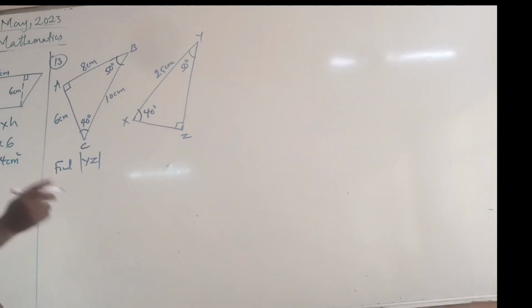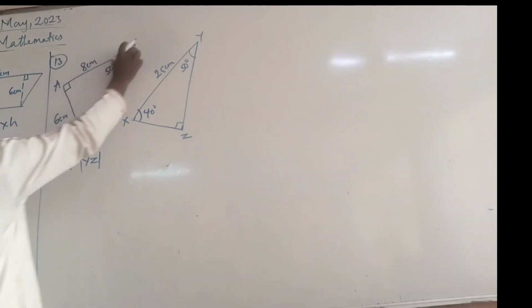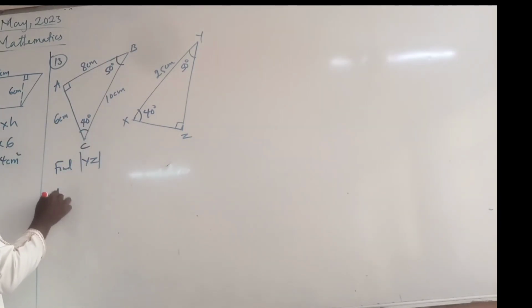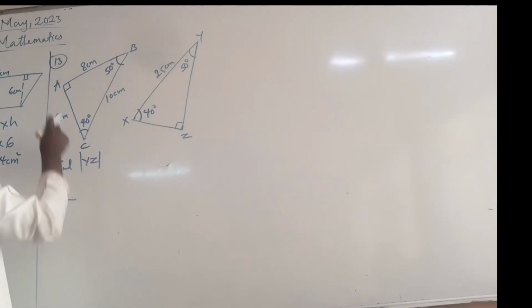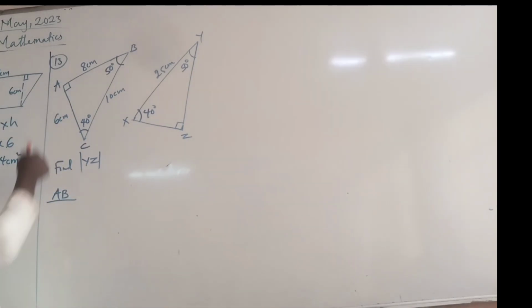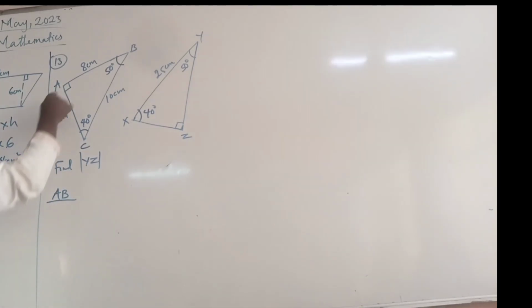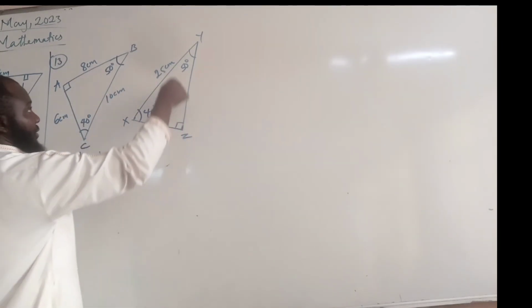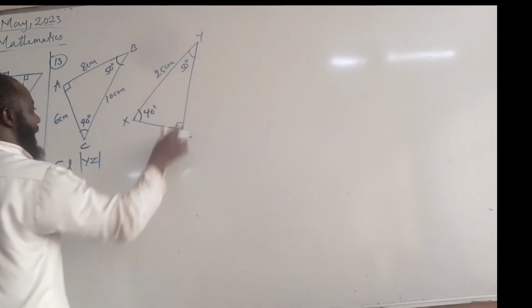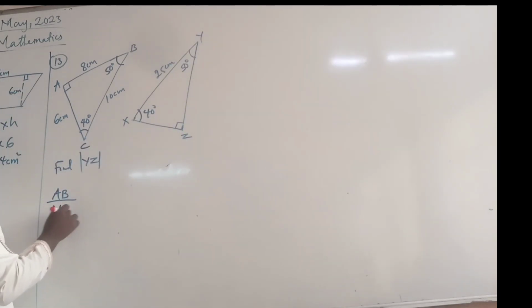They are similar. So in that case, if I pick AB, which line corresponds to AB here? So you can just look at this. I'm going to use the angle to do that. 90, 50. Where do you have 90, 50? That will be YZ.